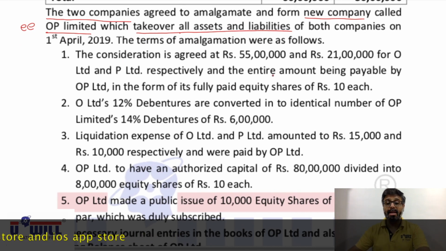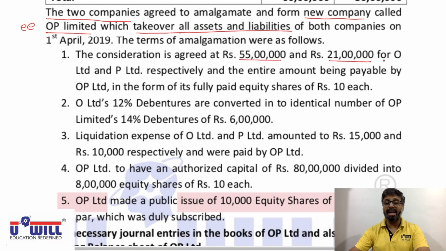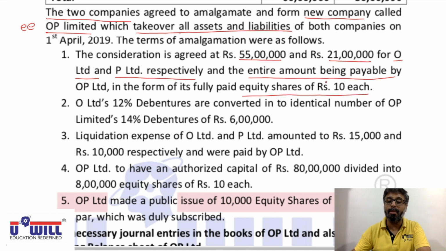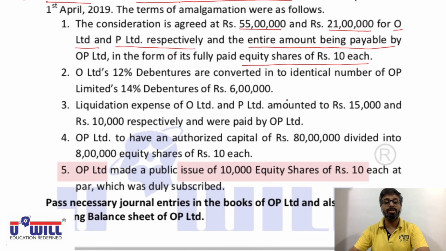The terms of amalgamation were as follows. The consideration is agreed at 55 lakhs and 21 lakhs for O Limited and P Limited respectively. So 55 lakhs is the purchase consideration of O Limited, 21 lakhs is the purchase consideration of P Limited, and the entire amount is payable by OP Limited in the form of its fully paid equity shares of rupees 10 each.